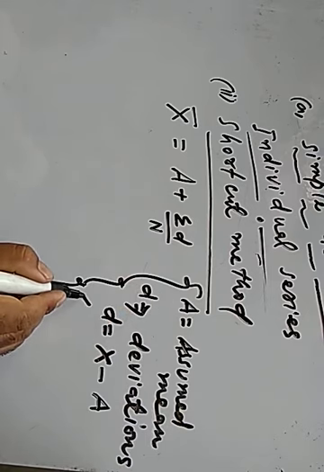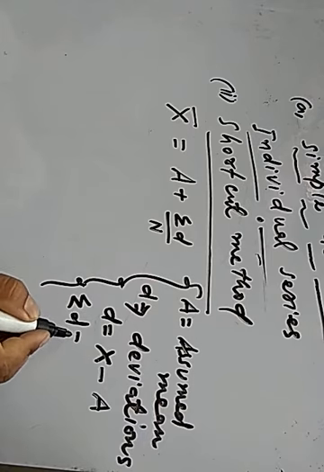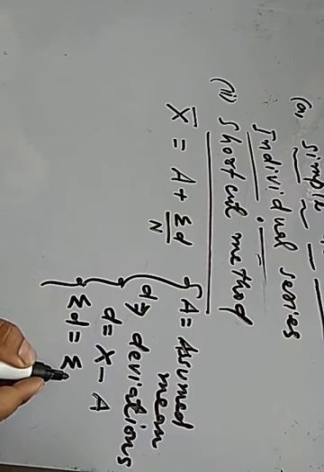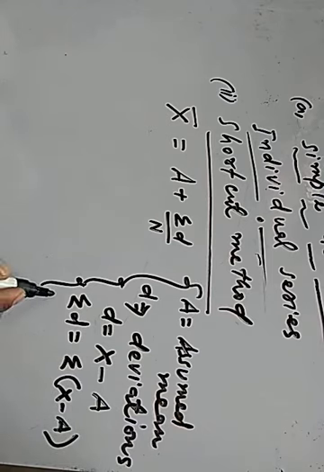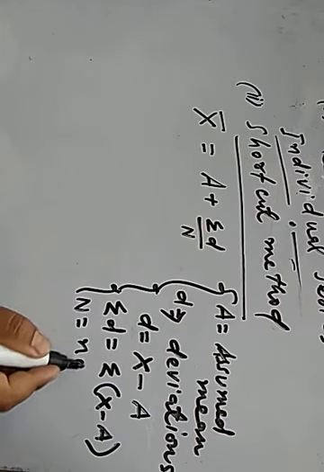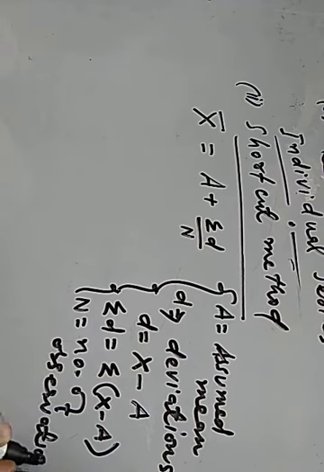And summation of d values, or sigma d, is equal to summation of x minus a values, and n, as you know, is the number of observations, or we can say the number of items given in a statistical series.